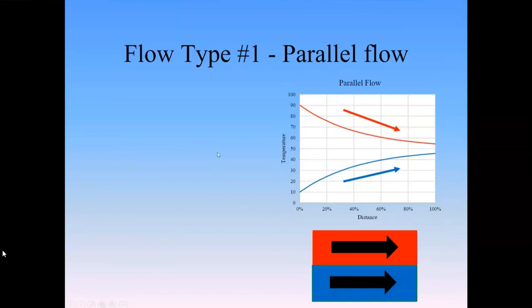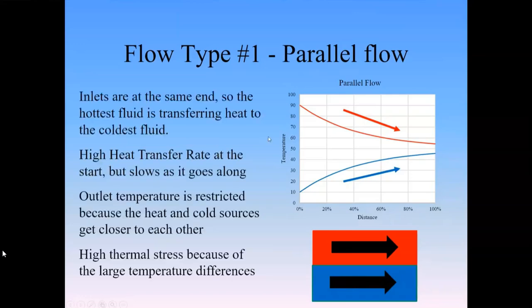And so one thing that we see when we have a parallel flow heat exchanger, when we have our entry point, we have the largest temperature differential. So we have, say, 90 degrees coming in here and 10 degrees coming in here. Well, heat exchange is based on a few things.